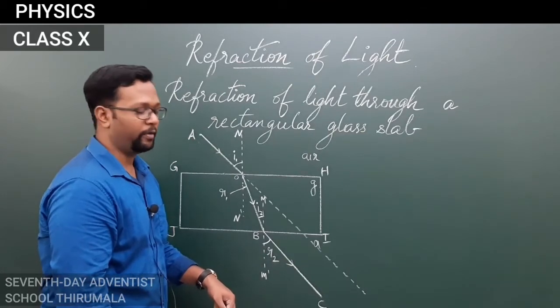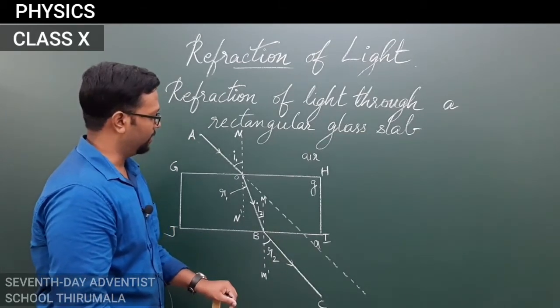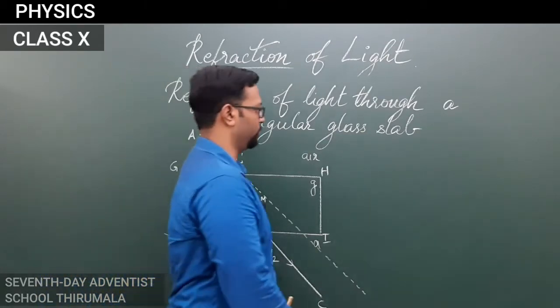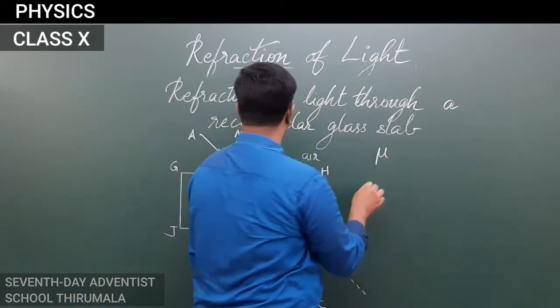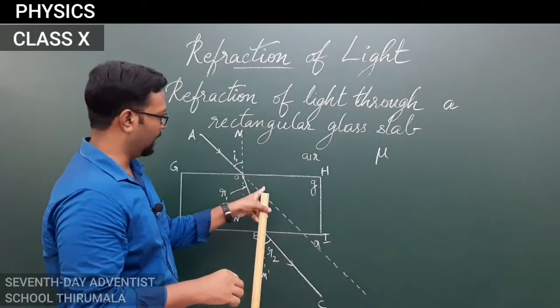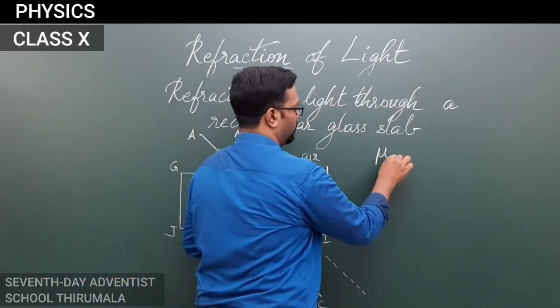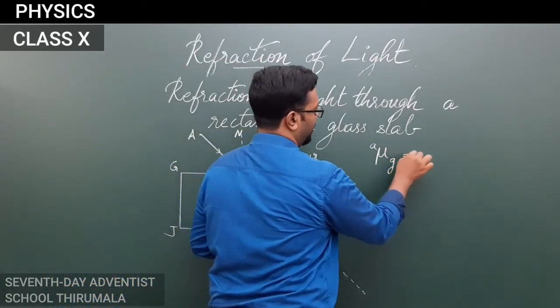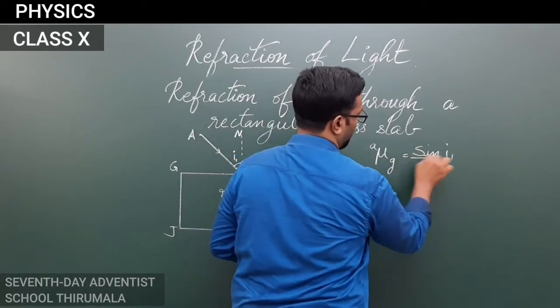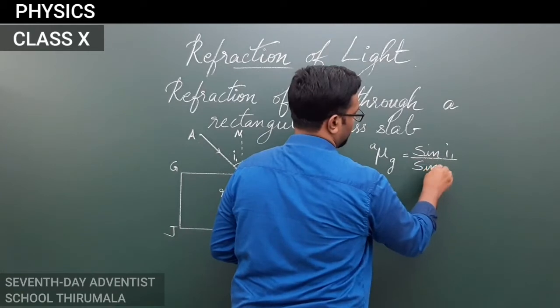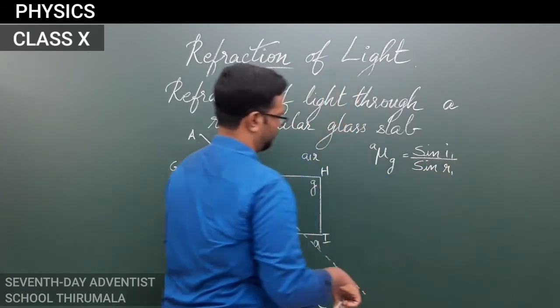Okay. Now we are going to write the values based on Snell's law. From Snell's law we studied that the refractive index of glass with respect to air is sin I1 by sin R1.